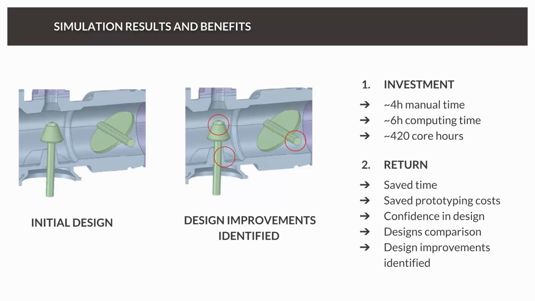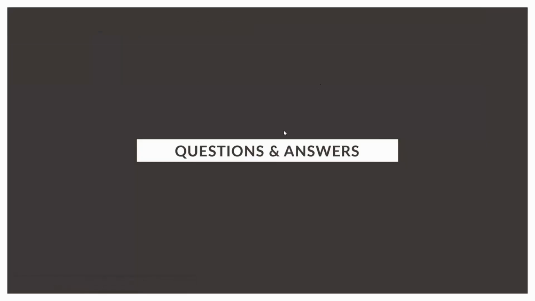So the total turnaround time for the simulation is 1 day, 10 hours. And in return, we saved a lot of time compared to physical testing and saved prototyping costs. We were able to improve the design and also identify areas where the valve can be optimized.